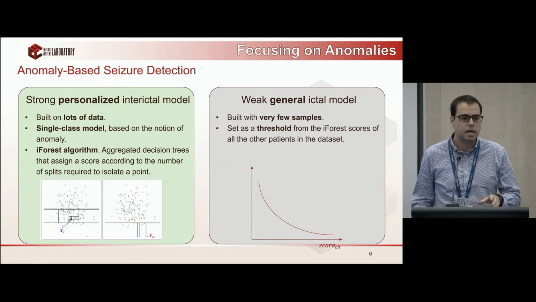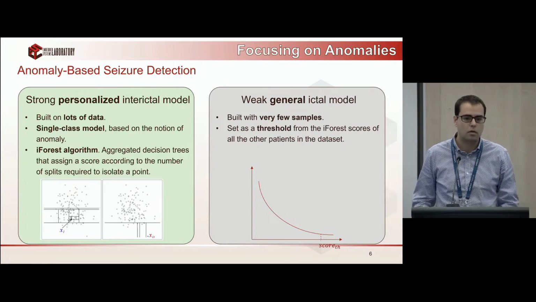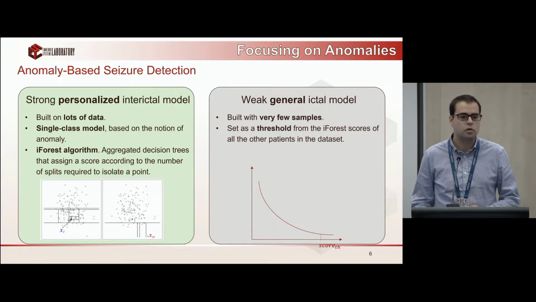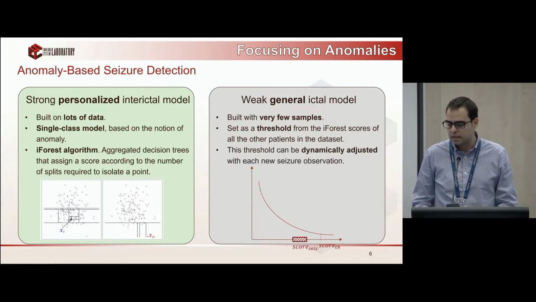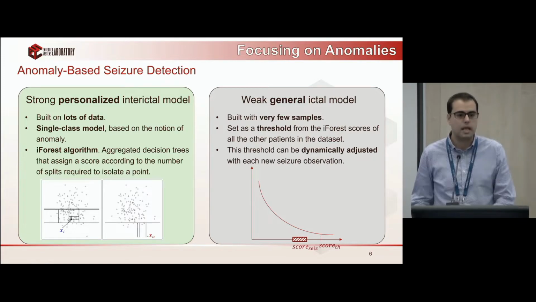So we have n patients. From the n-1 other patients, we see the distribution of the scores during the seizures. And we select a threshold based on, for example, the number of false positives per day that we are able to admit. The good point of this is that this threshold can be personalized very easily.